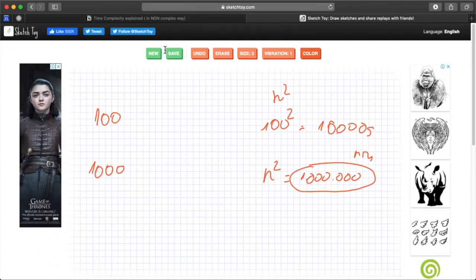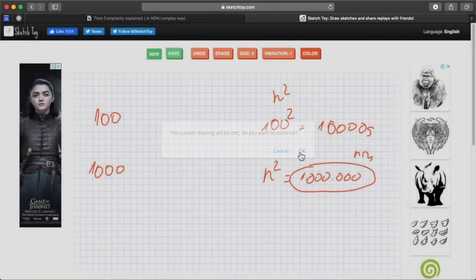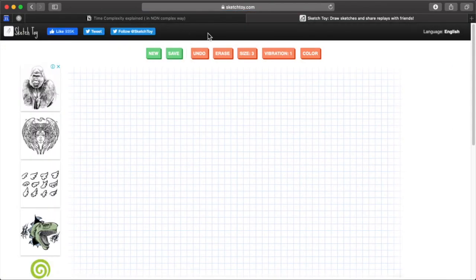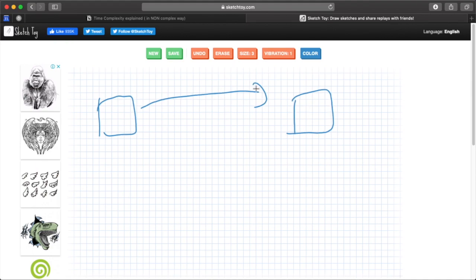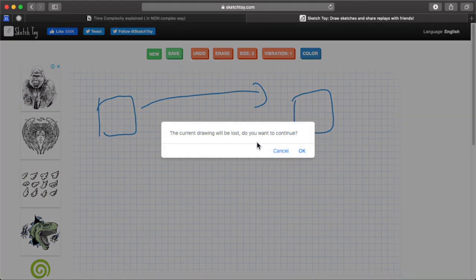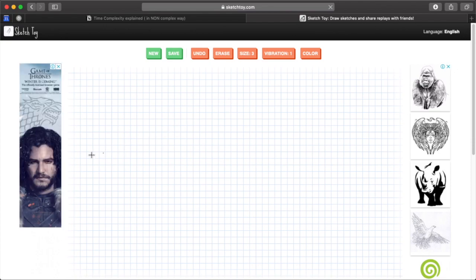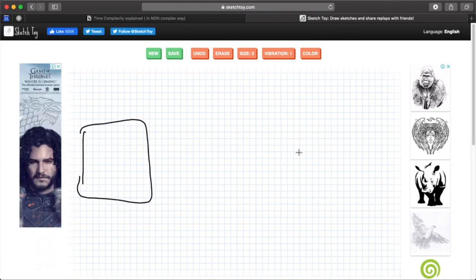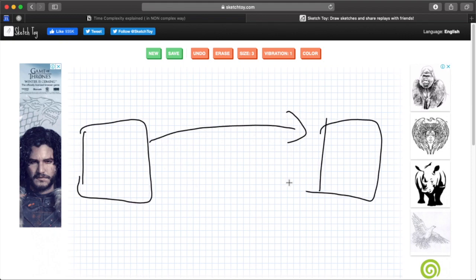Let's say you have somewhat of a client-server architecture, and this is one long line. Hopefully you like my simple drawing. This is a client and this is a server.